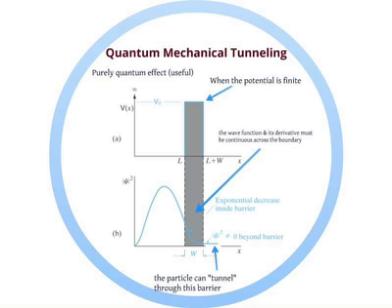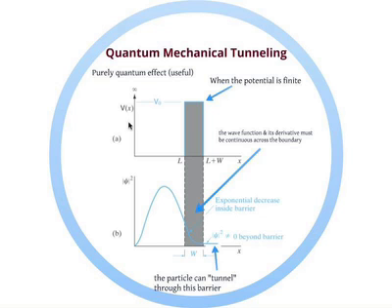There are potential barriers, but they are finite. When they are finite, then there is a finite probability that the particle can penetrate the barrier. And this turns out to be quite important for many, many applications. And this idea of penetrating a barrier is called quantum mechanical tunneling. The idea is shown here. It's a purely quantum effect, so you cannot explain this from a classical perspective, and we actually use this today.